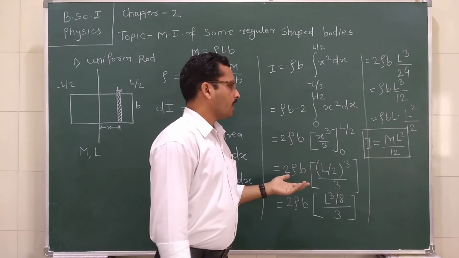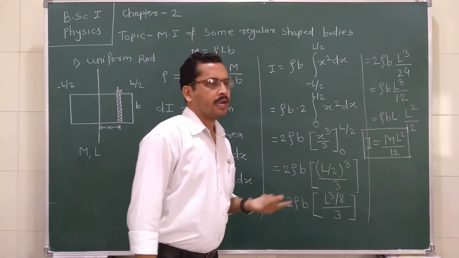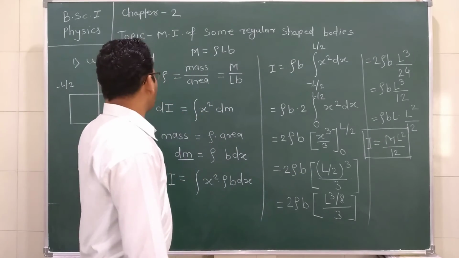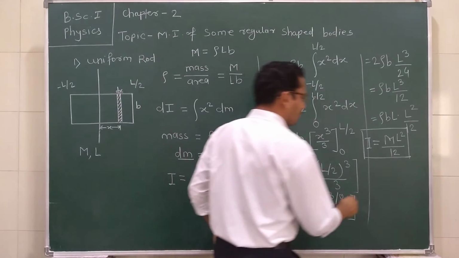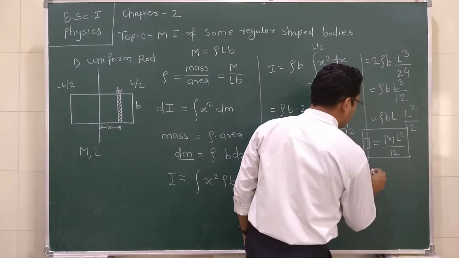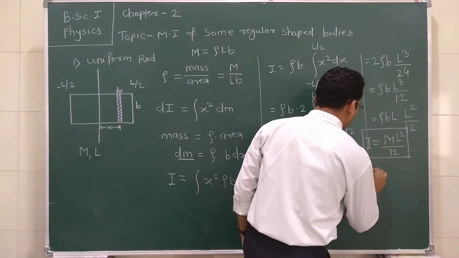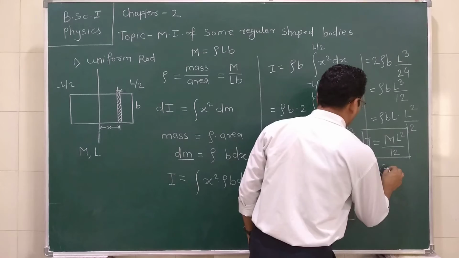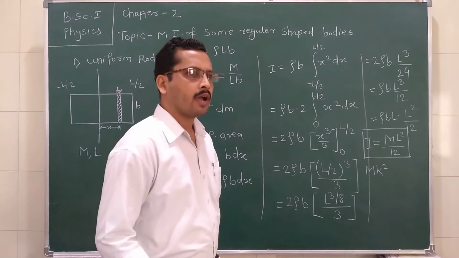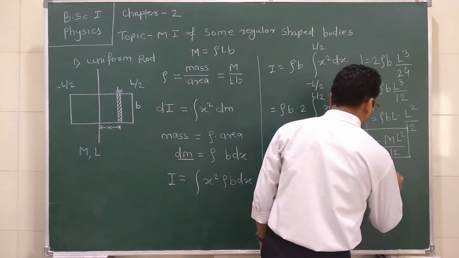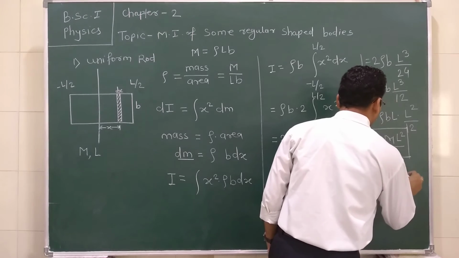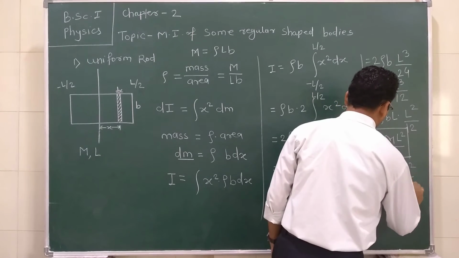Now, if you want to find the radius of gyration of this uniform rod, then we write I is equal to M k square, where k is the radius of gyration, which is equal to M L square divided by 12.